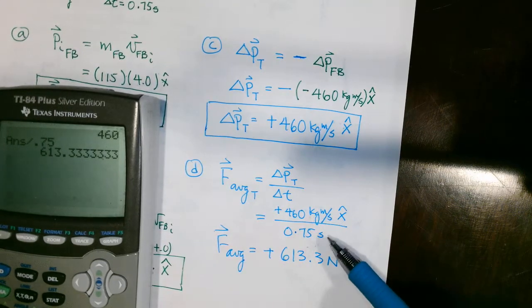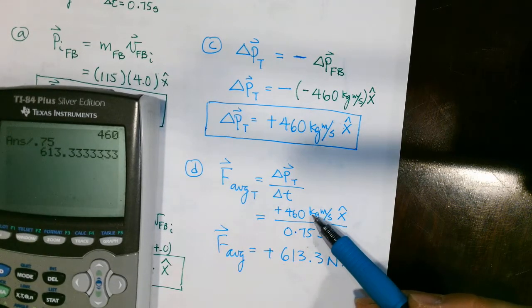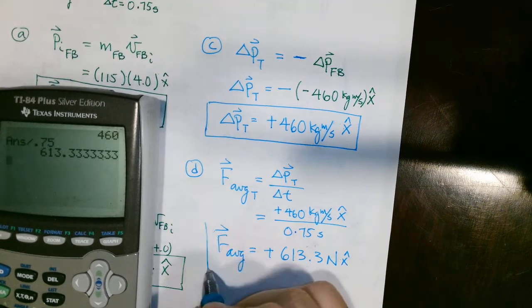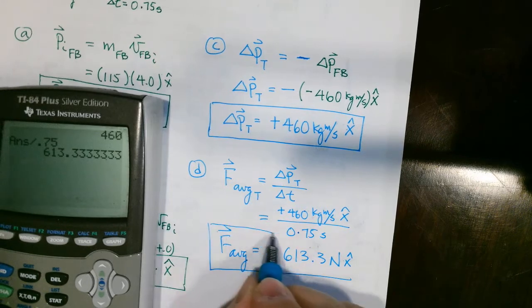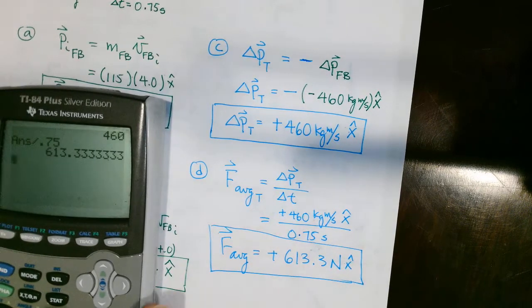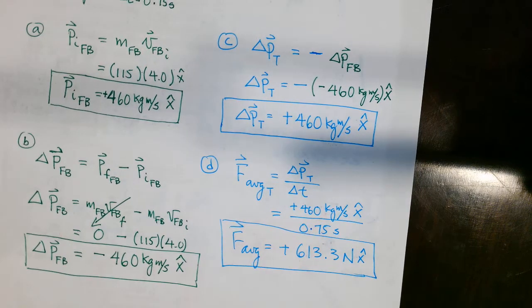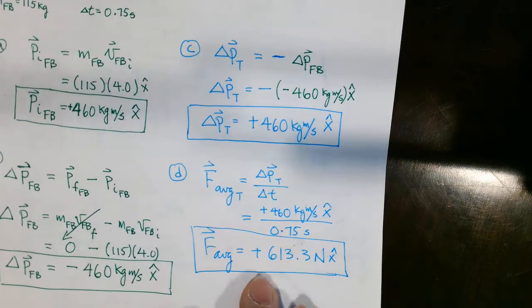Kilograms meters per second squared is the same thing as kilograms times acceleration, so that's newtons. Therefore, this is how much force the tackler feels from the fullback.